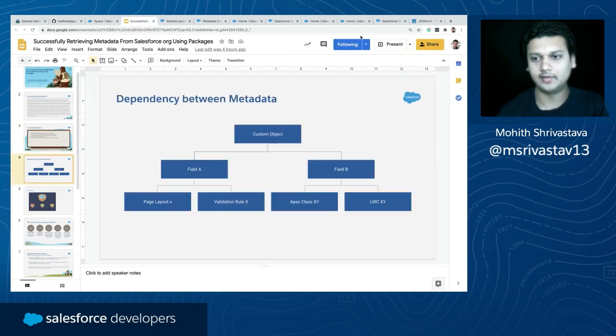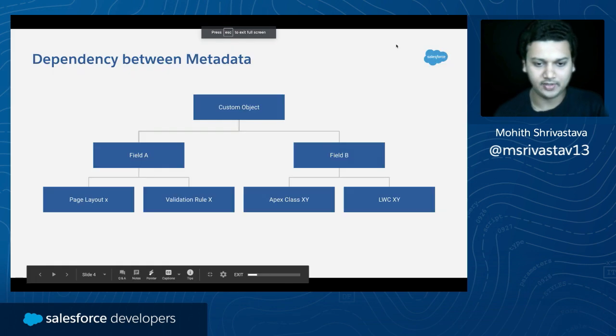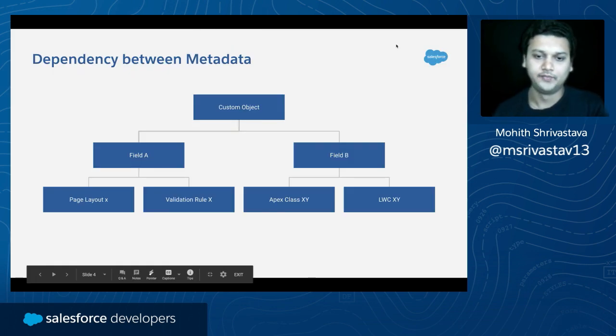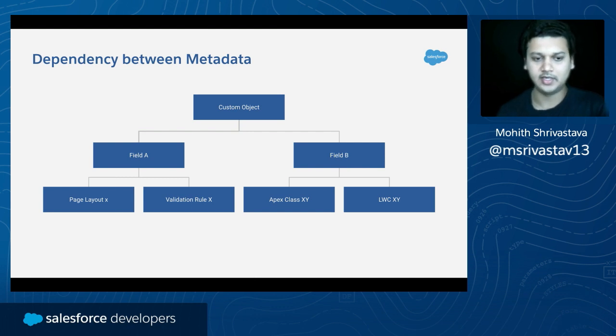If you look at this diagram, there is a dependency between the metadata here. There's a custom object, and you can have fields. The fields can be referenced in page layouts and validation rules, or in Apex classes and LWC.